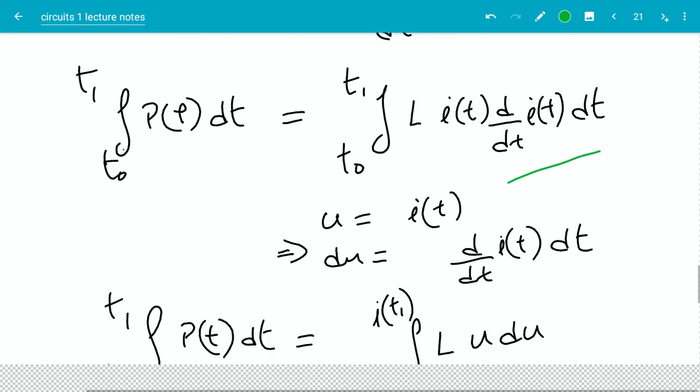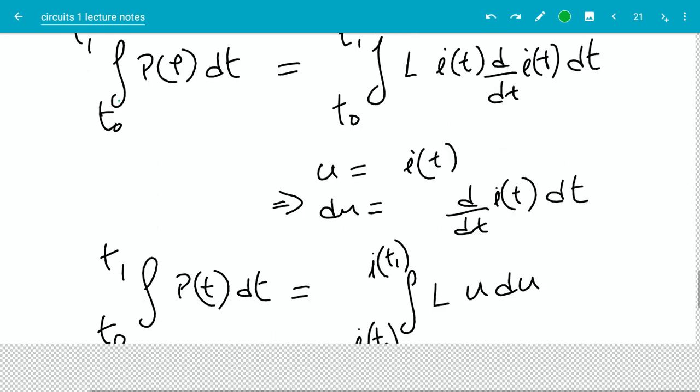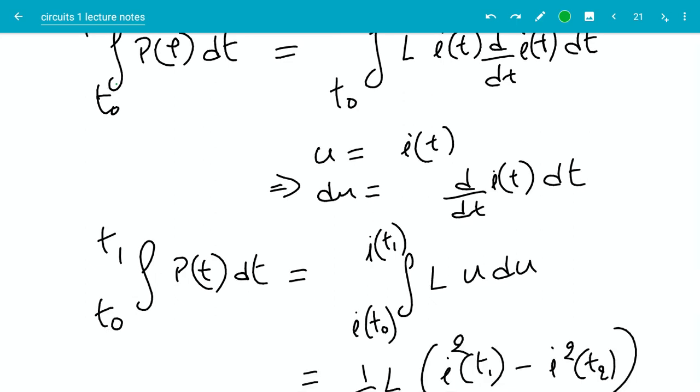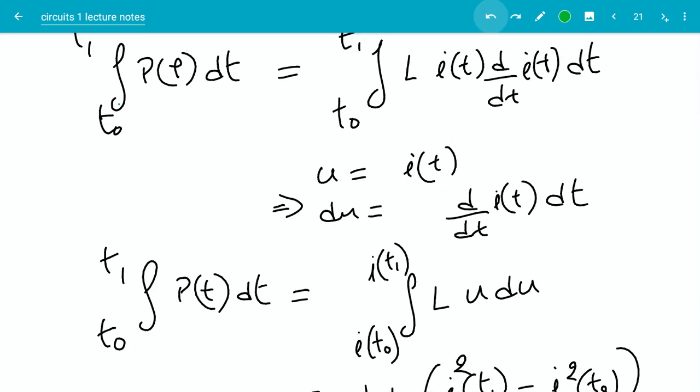Okay, again I make the same substitution here, u equal to i(t), and then du is equal to the derivative of i(t) times dt. Okay, and then make the substitutions. So T0 becomes i(T0) because you use i(t), and T1 here becomes i(T1) here. Okay, and then there's L, i(t) times di/dt dt is u du.